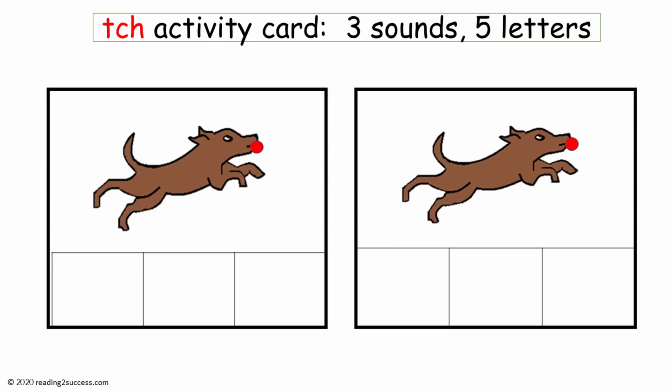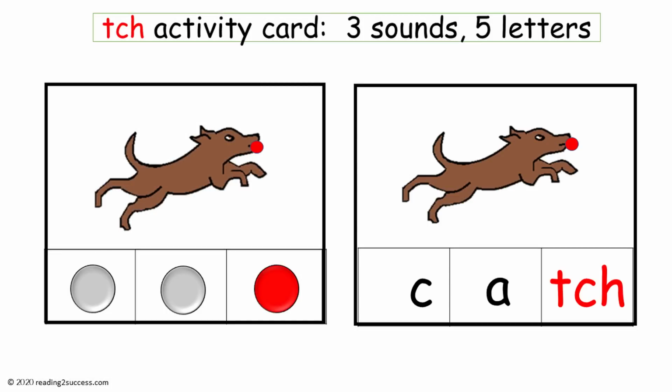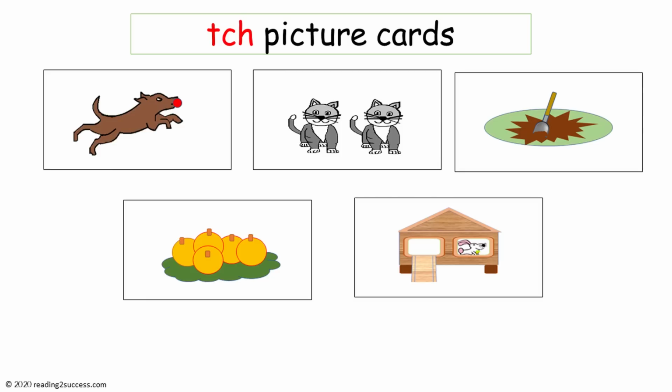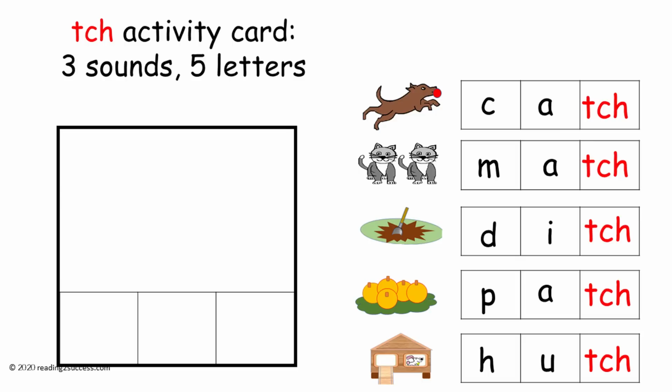C for k, A for a, and TCH for ch, which makes catch. And this is a completed example. These are the 2 templates needed to complete the next activity. And this is a completed activity with the words catch, match, ditch, patch, and hutch.